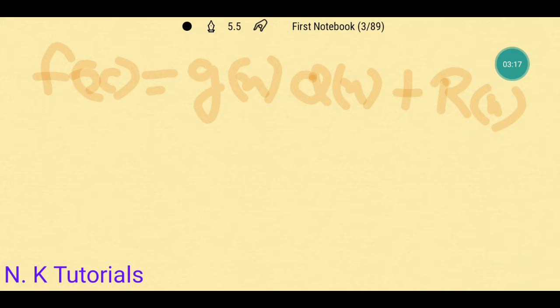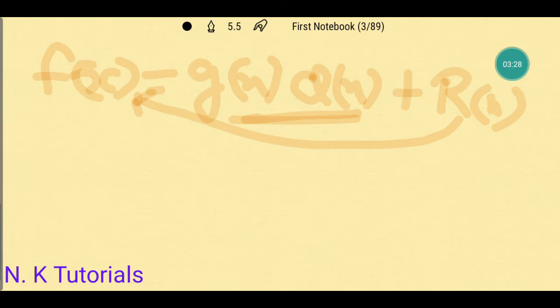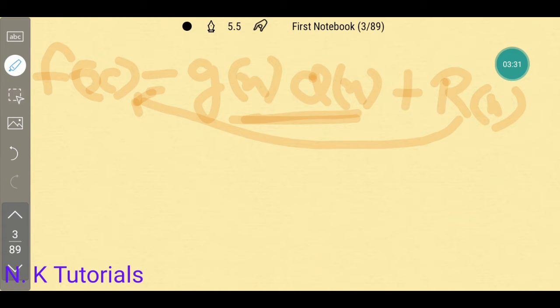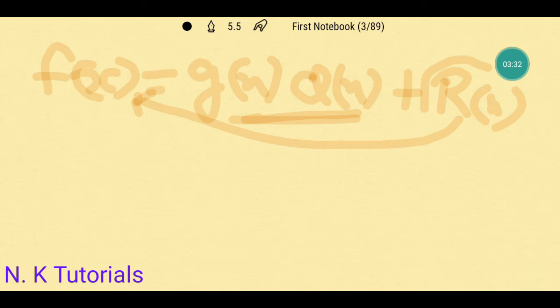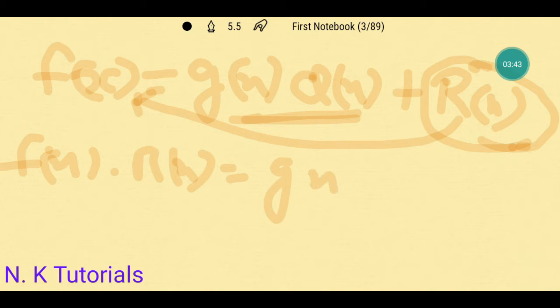So we can say that if the remainder is subtracted here, then the function will be totally divisible. As we have seen in the question, what we have to subtract is actually this remainder part. So f(x) minus r(x) will be equal to g(x) into q(x).